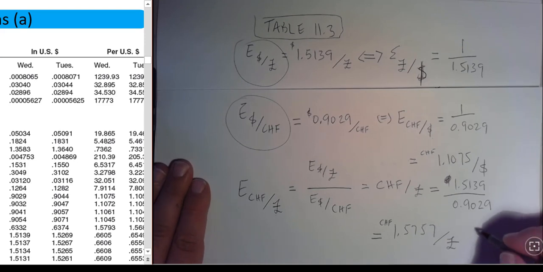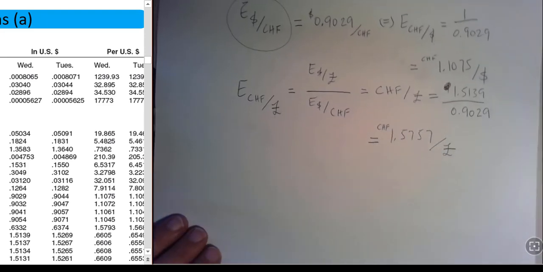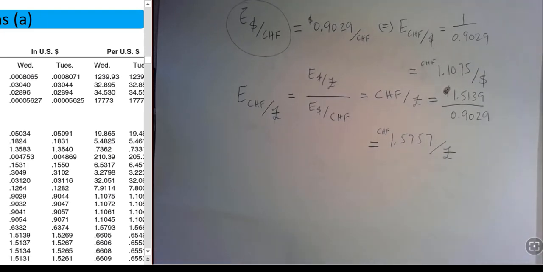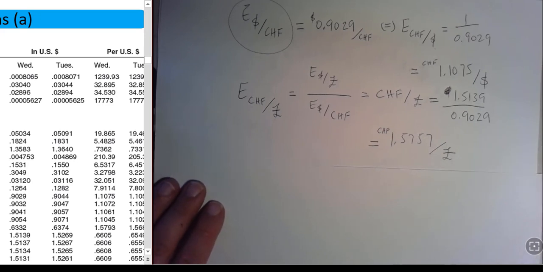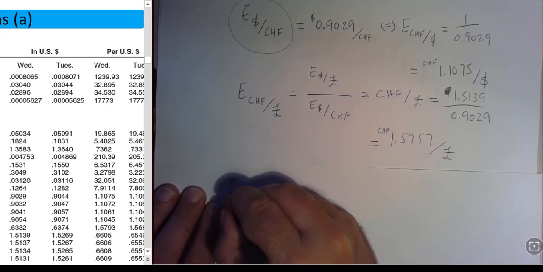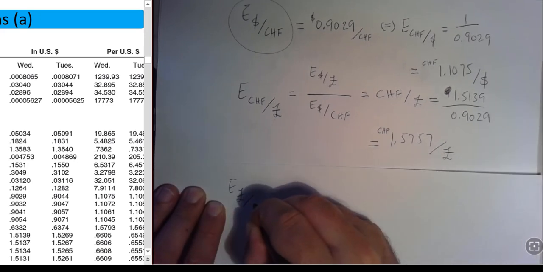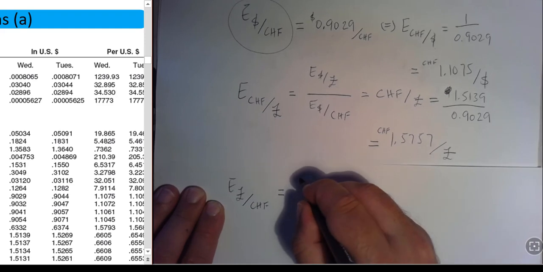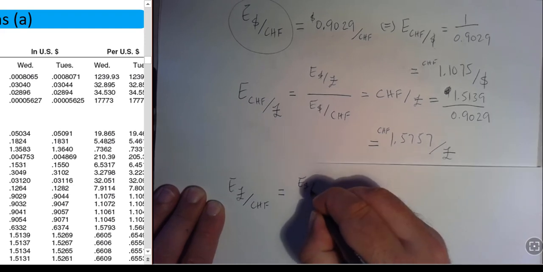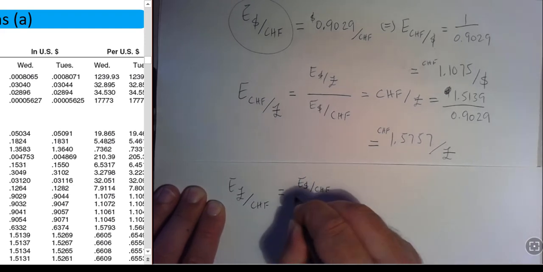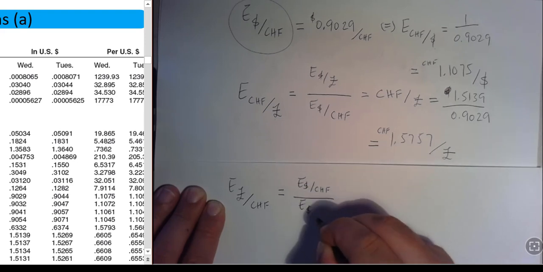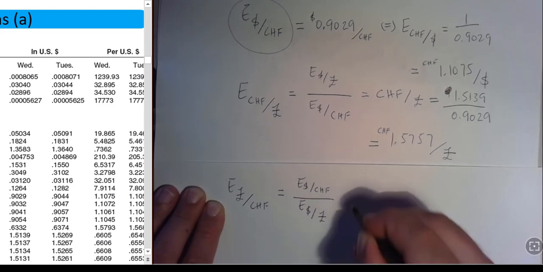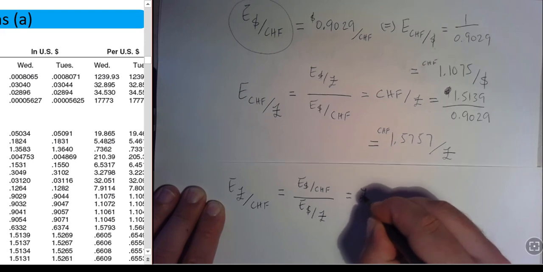Or you can compute the inverse of this. Let's say you want to figure out how many pounds you need to buy a Swiss franc. So you would use the exchange rate dollars against Swiss franc divided by the exchange rate of dollars against the pound. So this will give you how many pounds per Swiss franc.